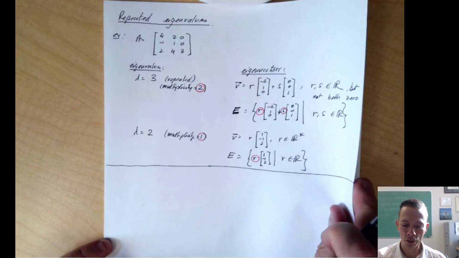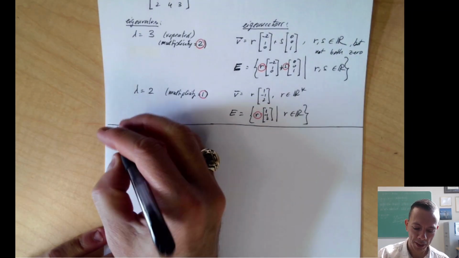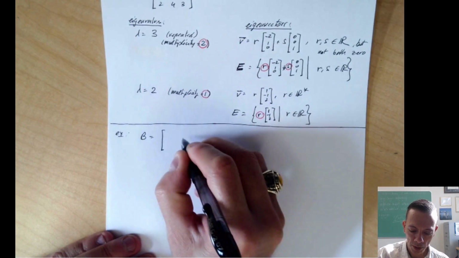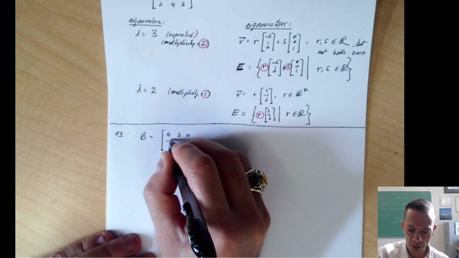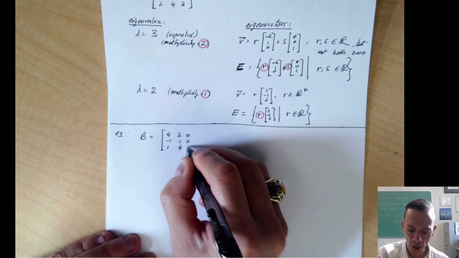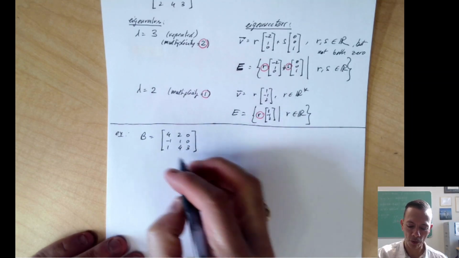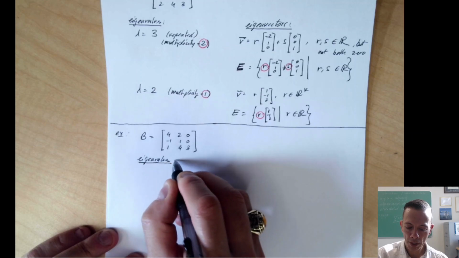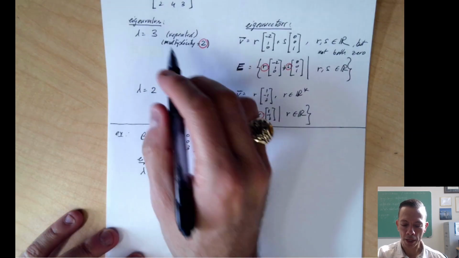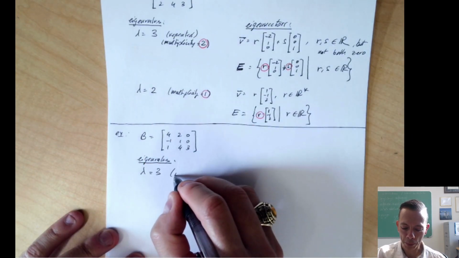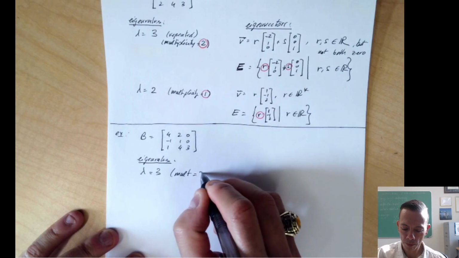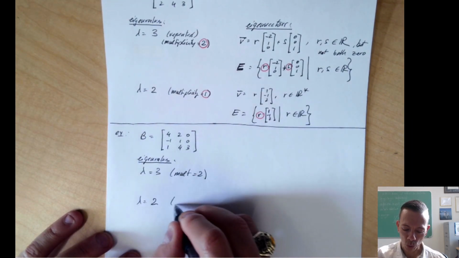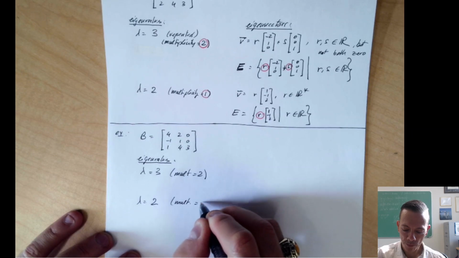So if we compare this to the other example that we saw last time, the matrix B, 4, 2, 0, negative 1, 1, 0, 1, 4, 3. This one is the only difference, but it's a critical difference. The eigenvalues are the same as for A, lambda equals 3 with multiplicity 2, and lambda equals 2 with multiplicity 1.